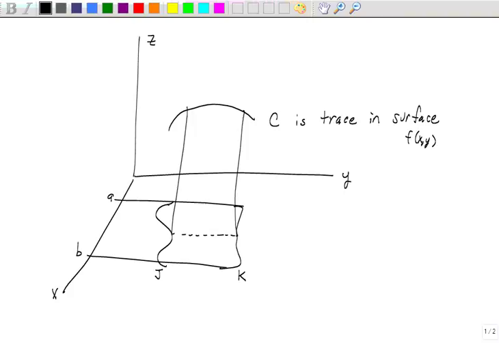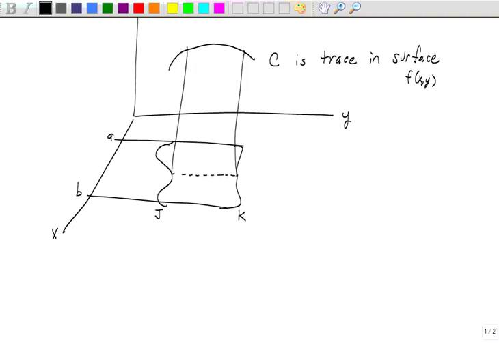And if f is positive, this is going to represent the volume of the solid with this base. And so this right here in the blue, this represents the cross section.